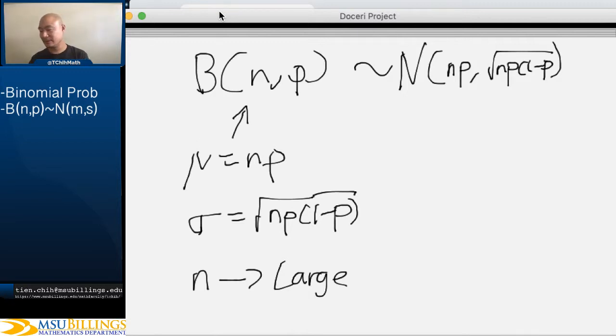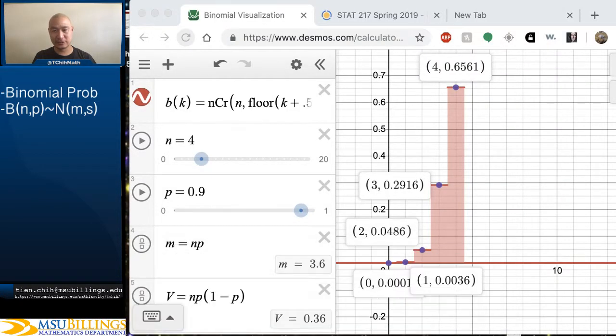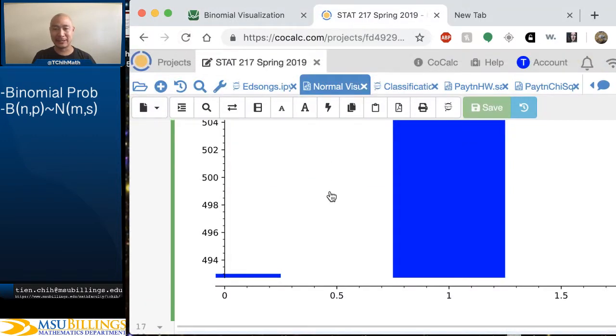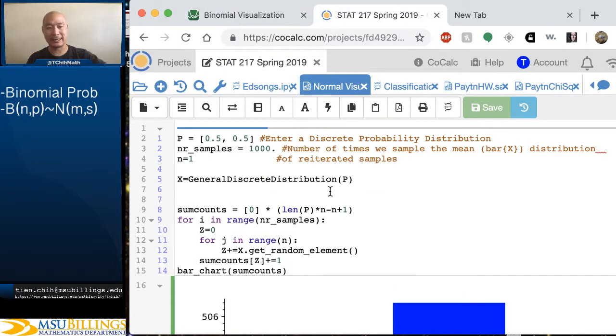And the best way, I think, to make this convincing is to simulate it with a demonstration here. So what I have here is a probability distribution, 0.5, 0.5. And so this is, let's say, a coin that has a 50% chance of coming up a 0 and 50% chance of coming up a 1.